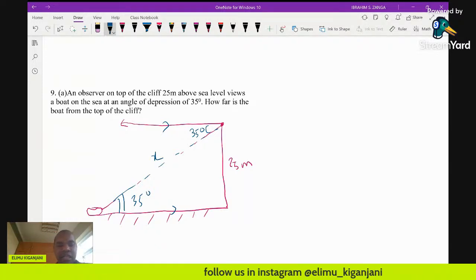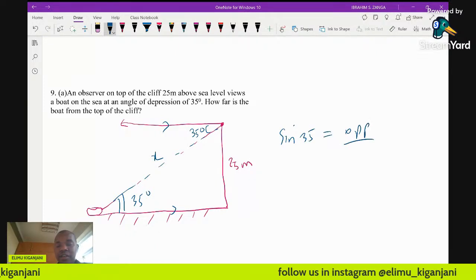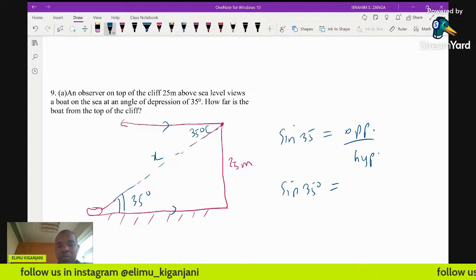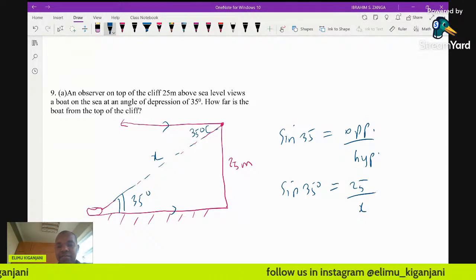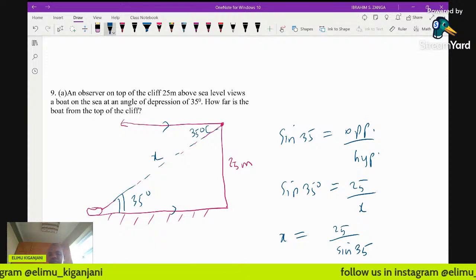By using the definition of sine, sine 35 will be the opposite side over the hypotenuse, which is 25 over x. So the value of x, dear students, will be 25 divided by sine of 35.